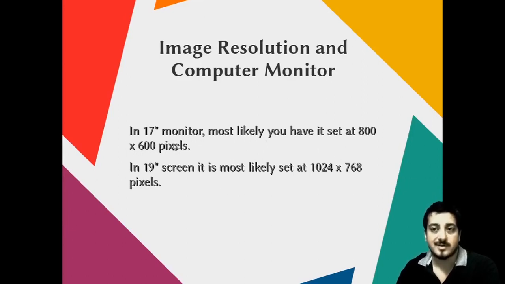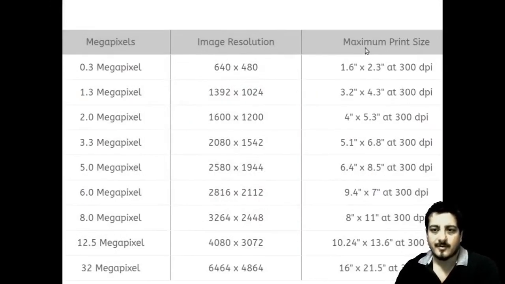Definitely you can manually change these values, but if you take it automatically, then according to the resources of your computer, you are most likely to get the resolution of a 17-inch monitor at 800 by 600 pixels. Now you can look at this table. The first column is megapixel, the second column is image resolution, and then the maximum print size is this column.